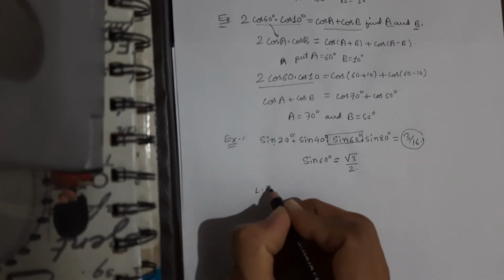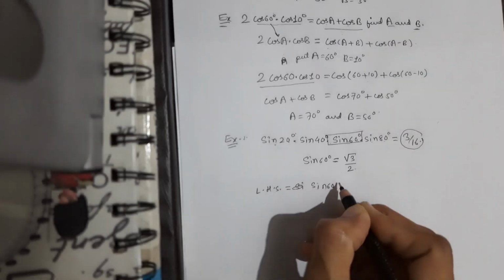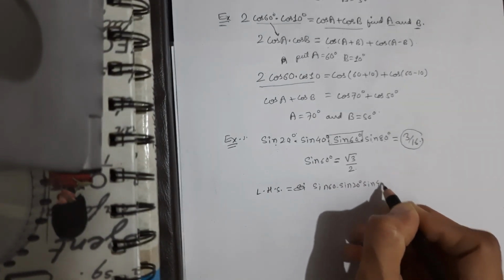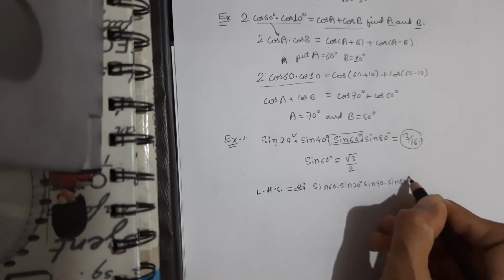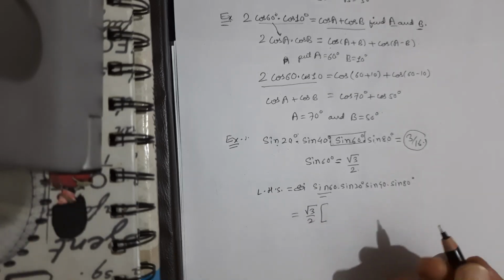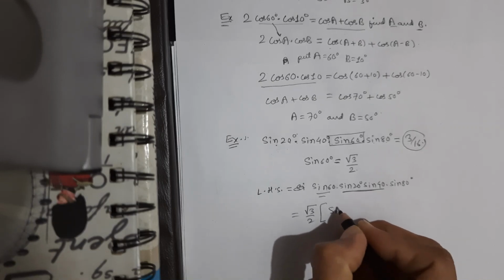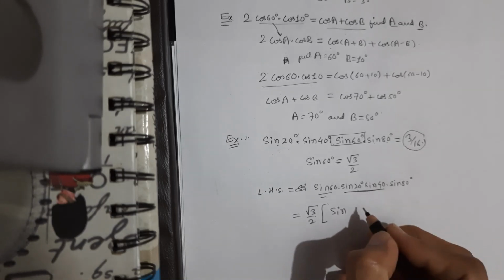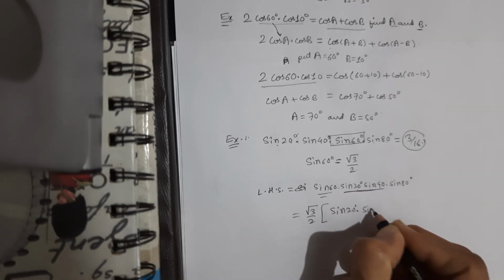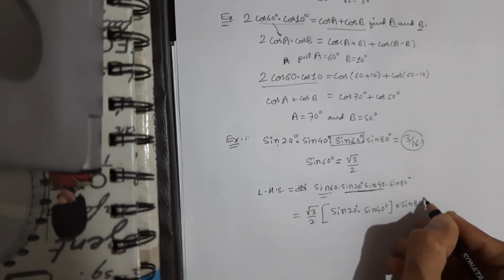Let's take LHS equal to sine 60 degree, then sine 20, sine 40 into sine 80 degree, which is root 3 by 2 into, now I can take any two values because I have a formula for sine A into sine B. I don't have one for three, so I take sine 20 into sine 40, and this is multiplied by sine 80 degree.